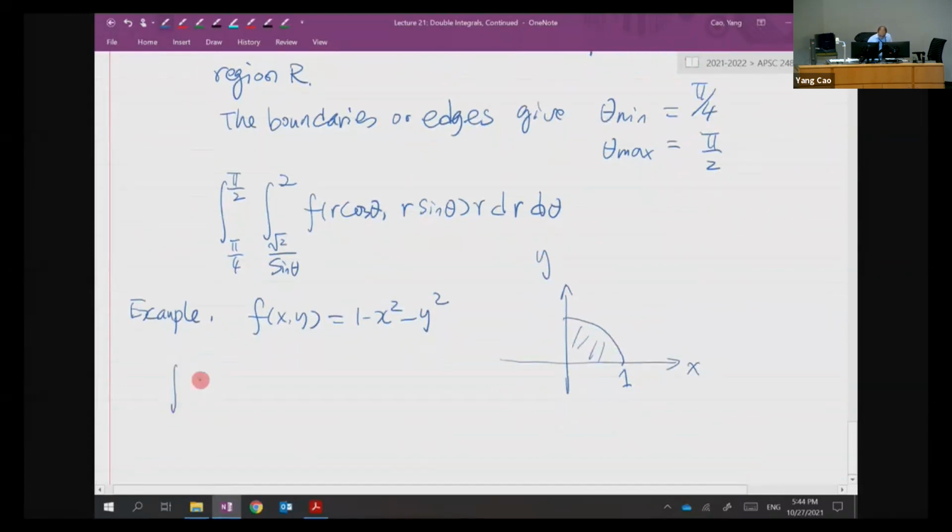So now I'm going to calculate this using polar coordinates. Okay, so let's transform the function we're integrating into everything in R and theta. So you're replacing x with R cosine theta. You're replacing y with R sine theta.